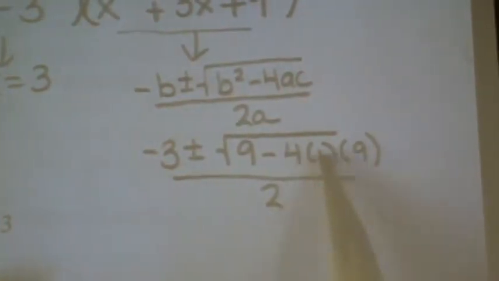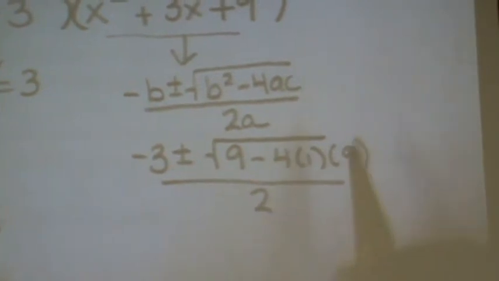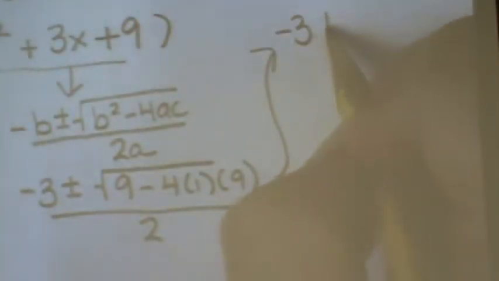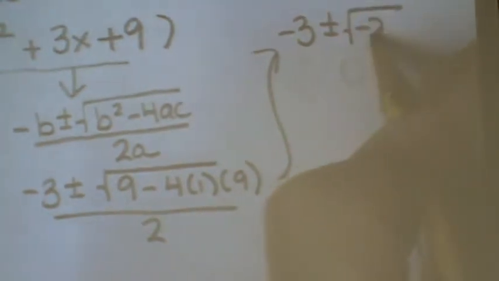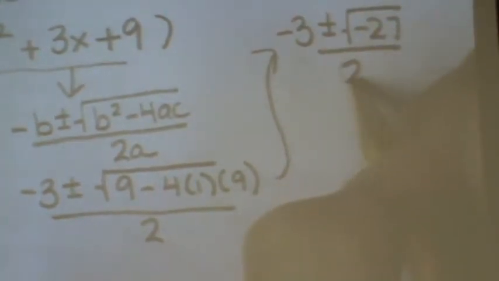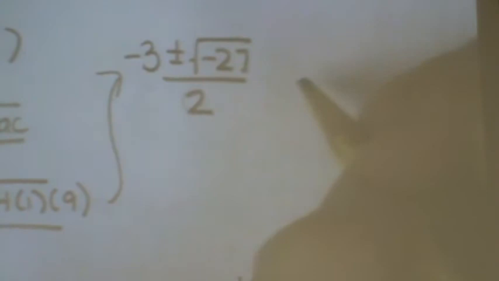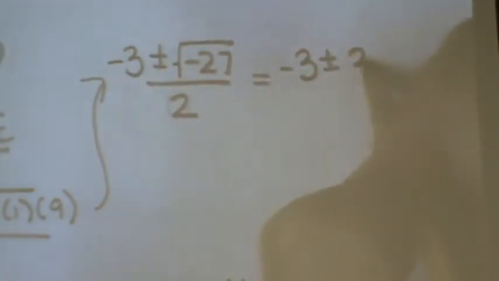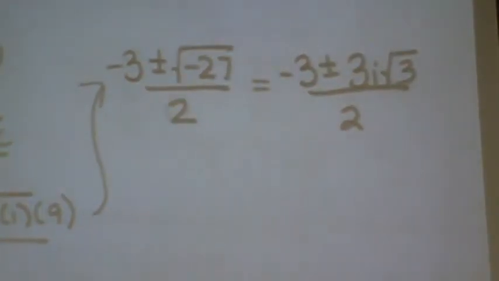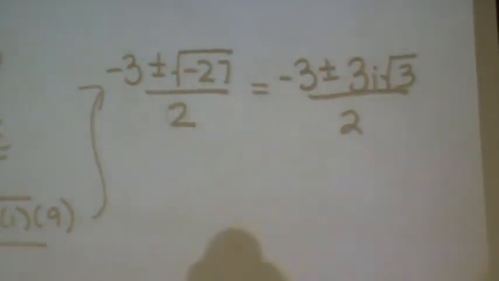This is going to give you 36. What's 9 minus 36? Negative 27. And how do you simplify that? What are these two answers? They're imaginary.